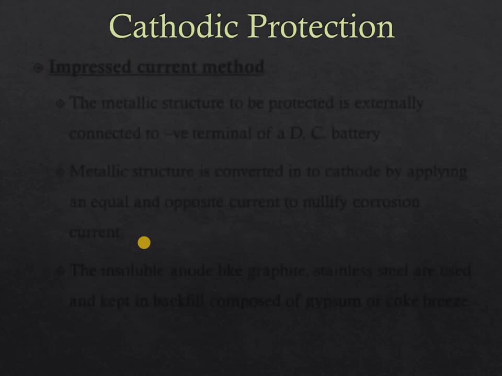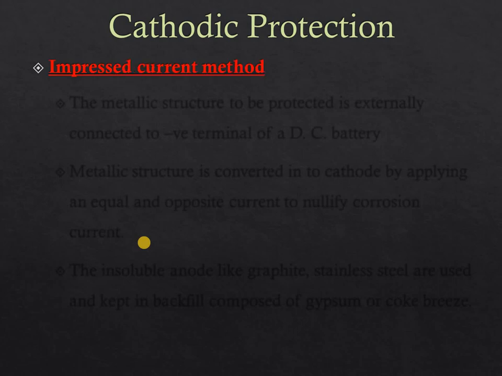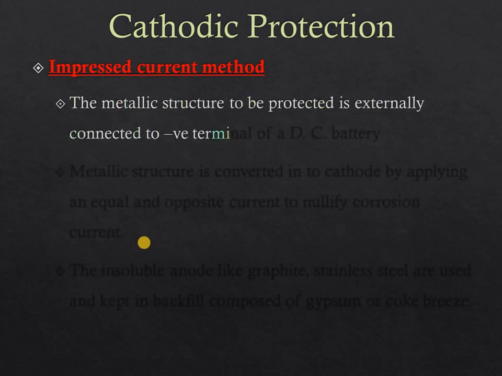Now we will see the impressed current method. In the impressed current method, the metallic structure to be protected is externally connected to the negative terminal of a DC battery, and current is applied with the help of this DC battery either to nullify the corrosion current or reverse it.